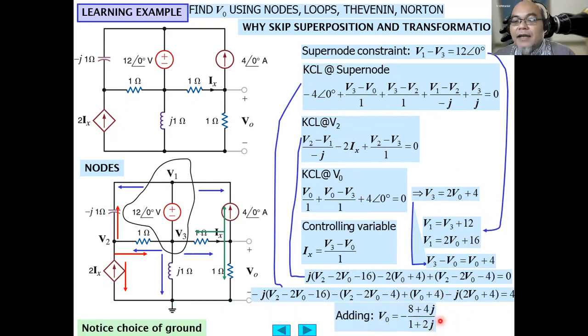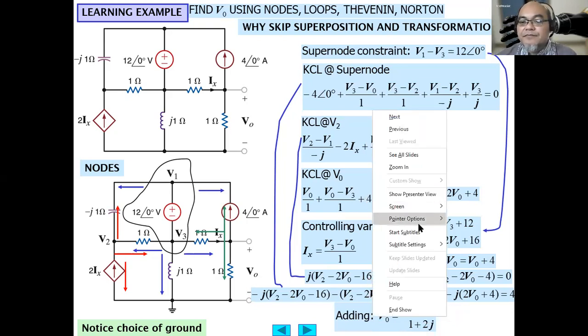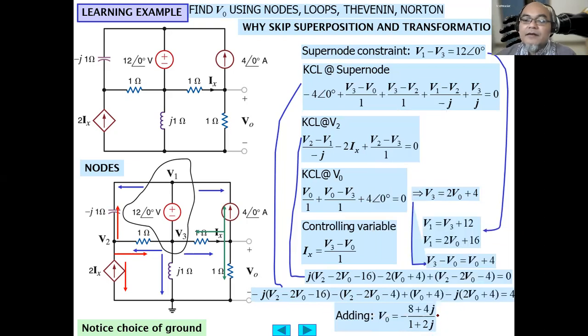By adding them, we obtain V output equals minus 8 plus 4J divided by 1 plus 2J. This we can multiply by 1 minus 2J divided by 1 minus 2J to obtain the real and the imaginary part.